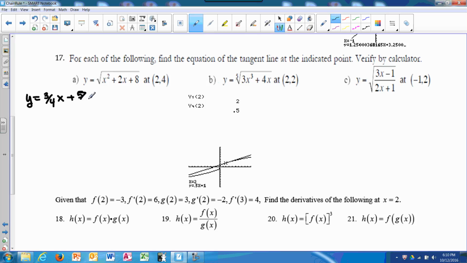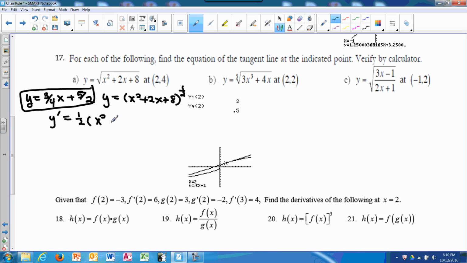I can actually do the work because I'm not going to have a calculator on 2/3 of my exam to figure out if I know how to do this without the calculator. So again, my calculator thinks the answer to the tangent line question is y equals 3/4 x plus 5/2.